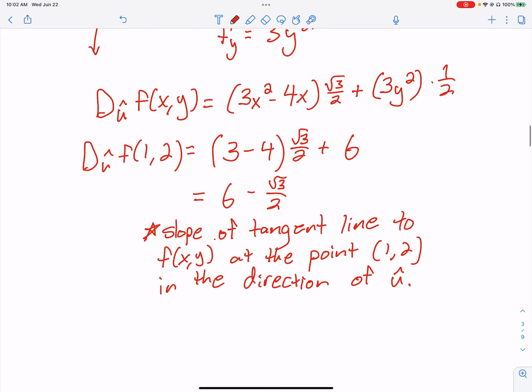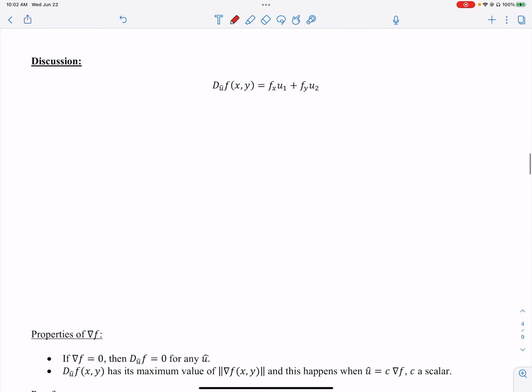So this is why we need this directional derivative to help us with all the other directions that are not x and y. Okay, I have a small discussion here, just working our way into this new idea. Okay, I have the directional derivative is equal to this. The only thing I'm changing here is I'm going to call these u1 and u2. Okay, u1 and u2 will be the unit vector, just a short name for it.